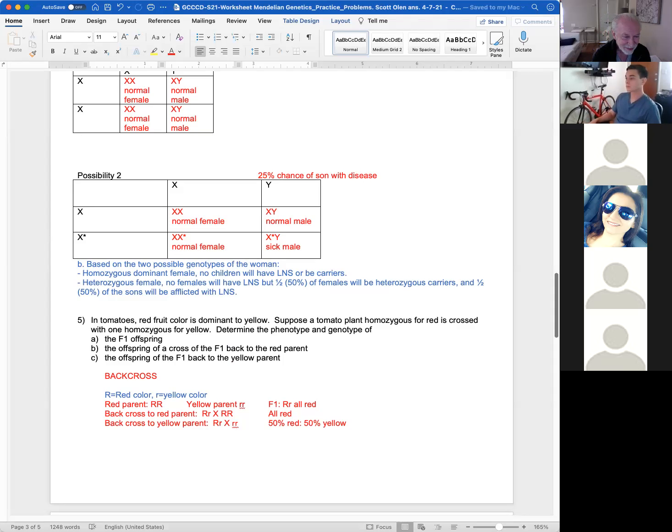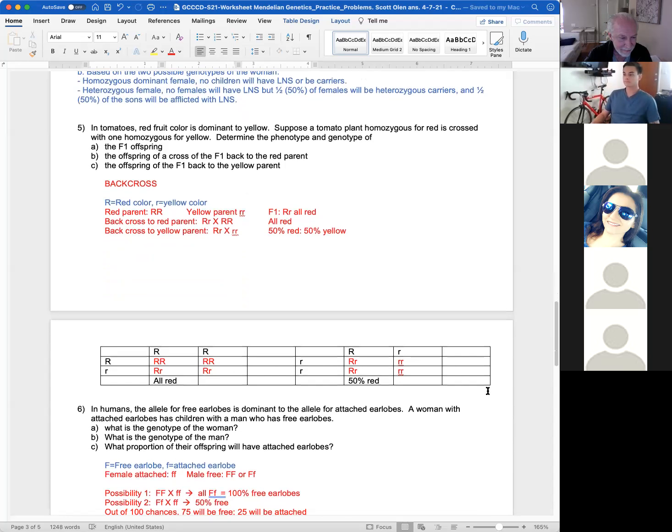You would never see anybody say that, but yes, they would be asking about a back cross, and they would have to specify which parent you were back crossing to. Because if they didn't, you'd have to work out 2 possibilities, one for each parent. But so this is really, I think, the only one that's a little different.